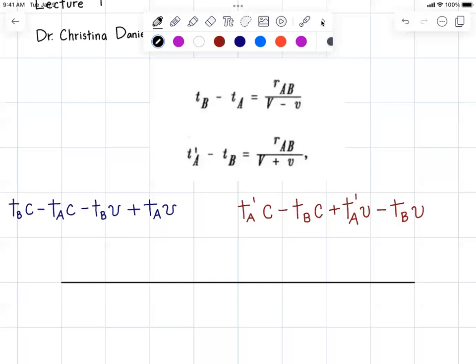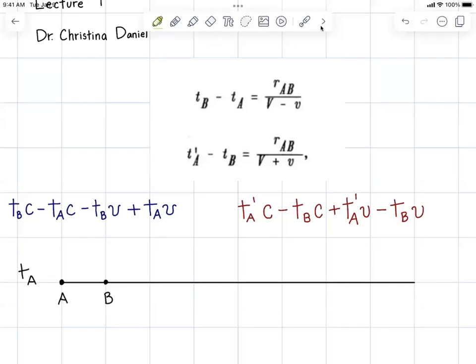So let's draw what happens at time t sub a with respect to the stationary frame. Here I am drawing point A as well as point B. And this corresponds to time t sub a.